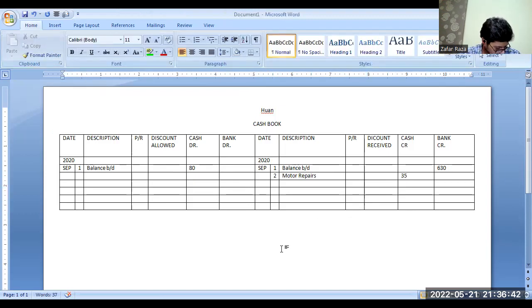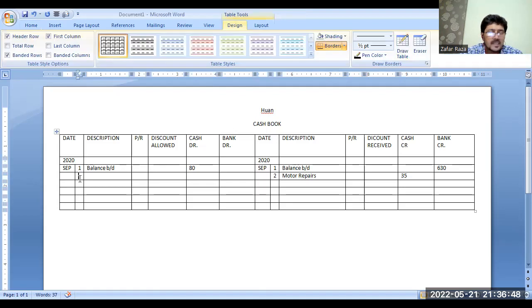The second transaction was on 3rd September, that is cash sale 458. 3rd September, sales, and the amount coming in is 458. Now, let's again see the question.